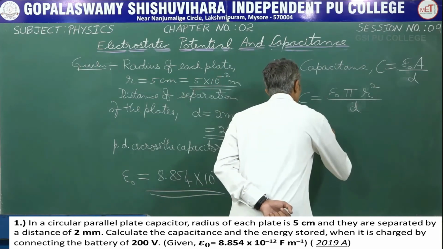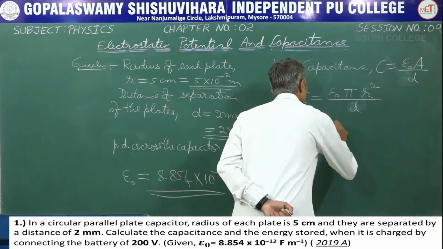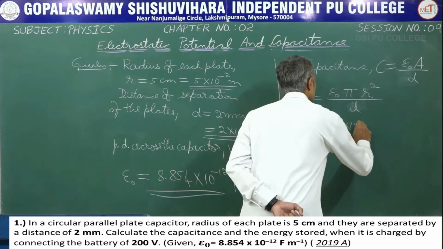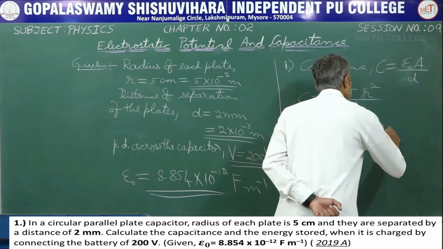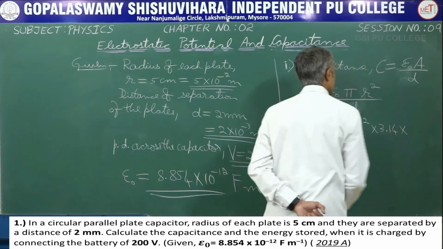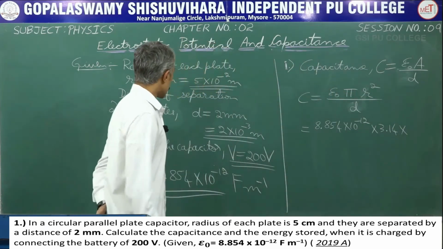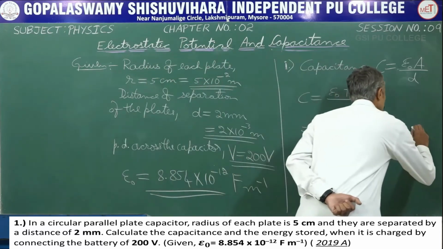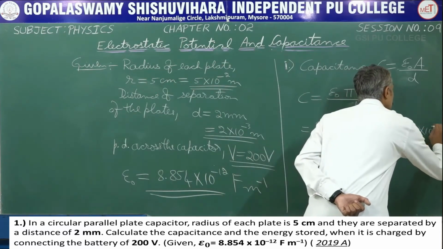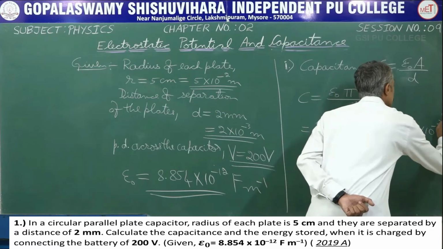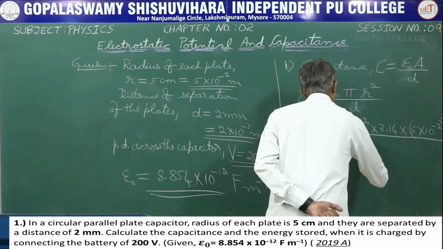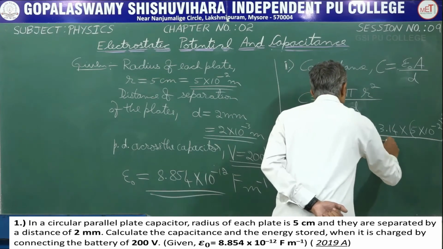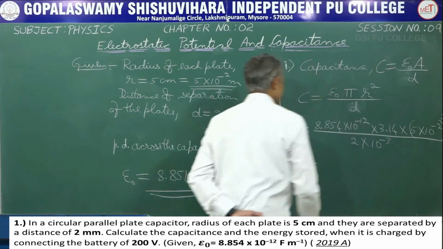So this will become 8.854 into 10 to power minus 12 for epsilon naught, pi, which is 3.14, radius square, 5 into 10 to power minus 2 whole square, divided by distance of separation, which is 2 into 10 to the power of minus 3.